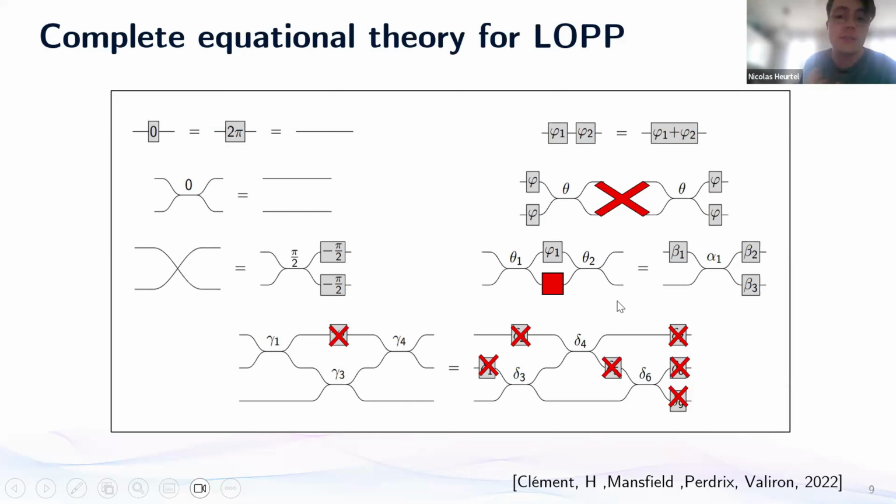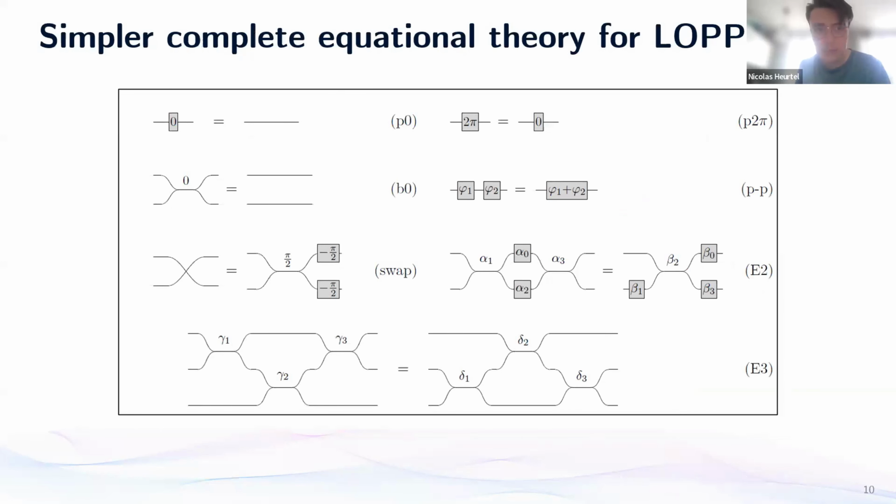By adding the phase, both sides have the same power in universality. So it's easily reversible, and this time you have explicit formulas for both ways. In the end, we have a simpler equational theory, made of basic relations like zero phase and zero beam splitters, or different compositions of rotations.